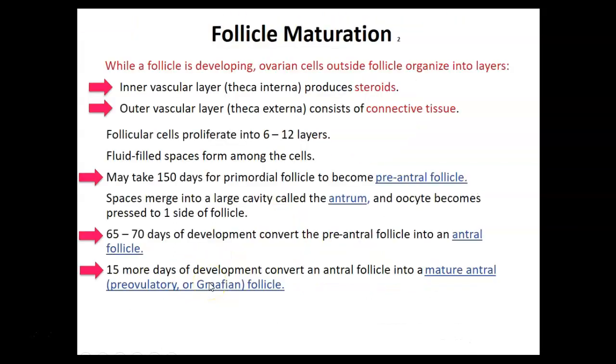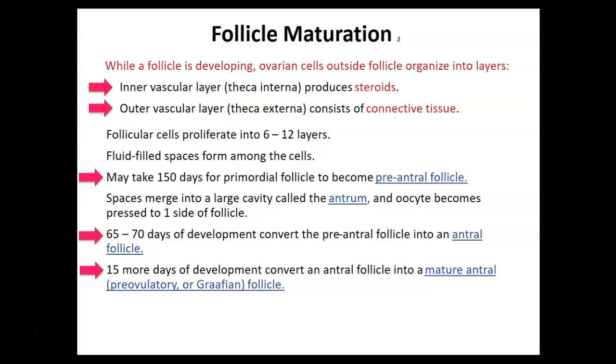If we talk about primordial follicle all the way to preantral follicle, it can take up to 150 days. It doesn't always. It sometimes can take between 60 and 90, but this is another reason why several primordial follicles are selected at once, because their rates of maturation can vary.